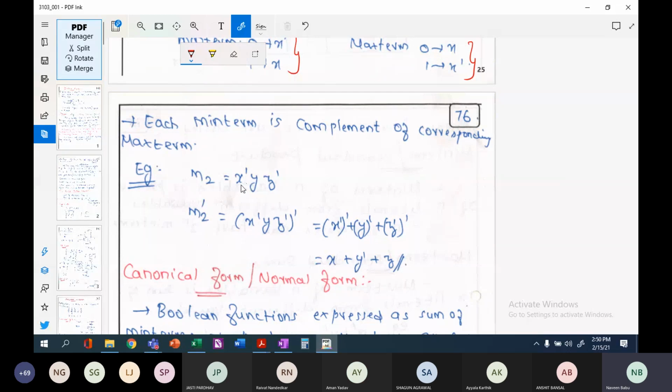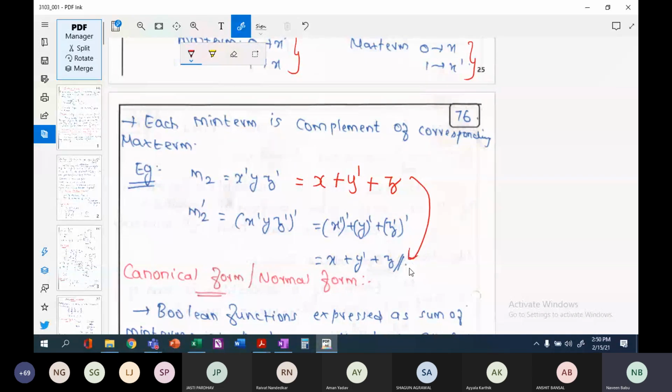If you want to convert this min term to a max term, all you need to do is complement and change the sign. So x bar will become x, dot will become plus, y bar will become y bar, dot will become plus, and z bar will become z. So this is the max term of the given min term.